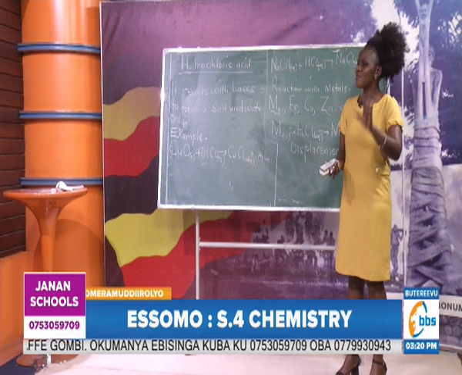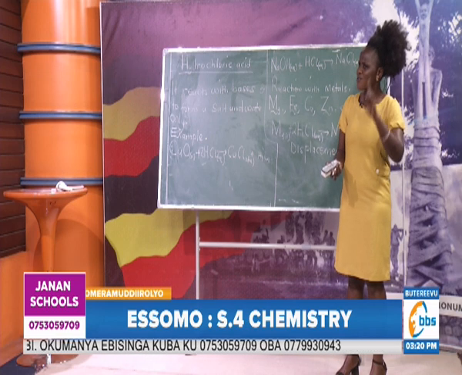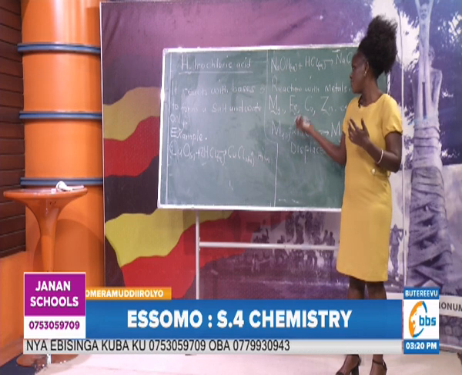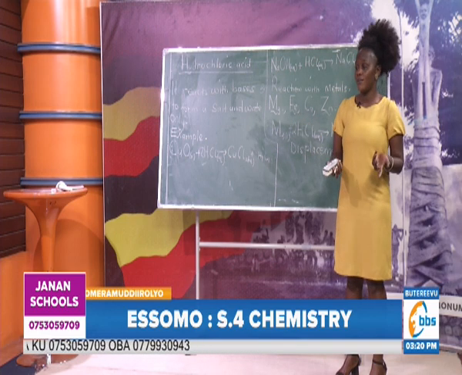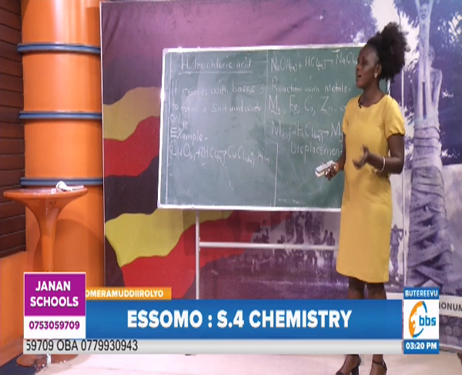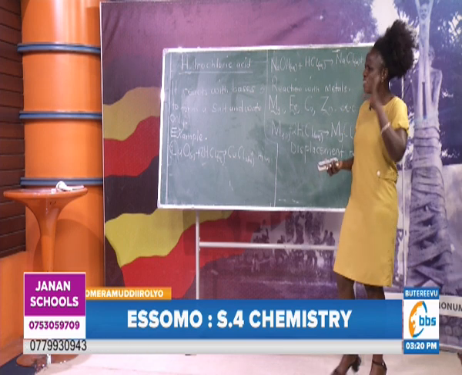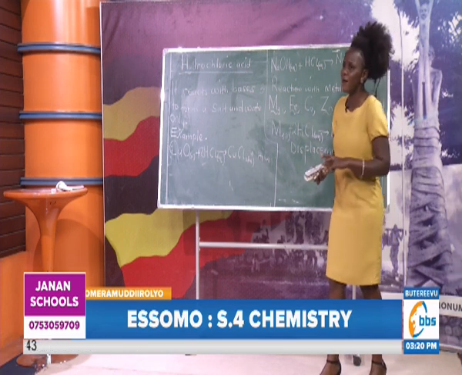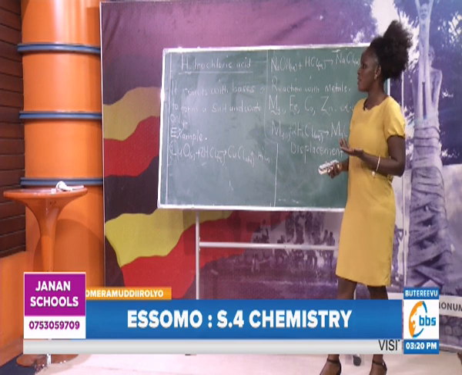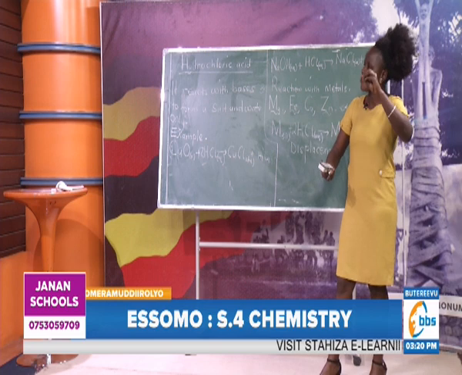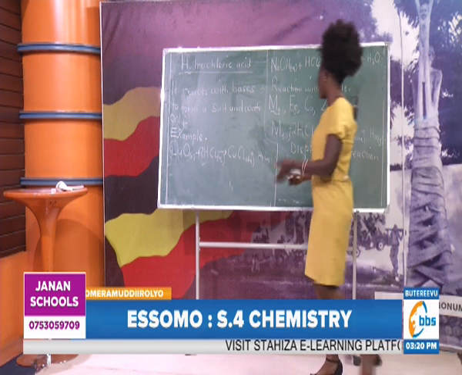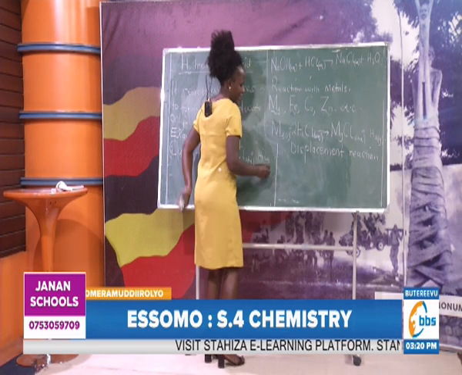But if the question has been very specific, please write the ionic equation. Please never waste time with the molecular equation. So our ionic equation, and I've told you most times with all the displacement reactions, if they're to ask about a displacement reaction, they will always tell you to write the ionic equation.